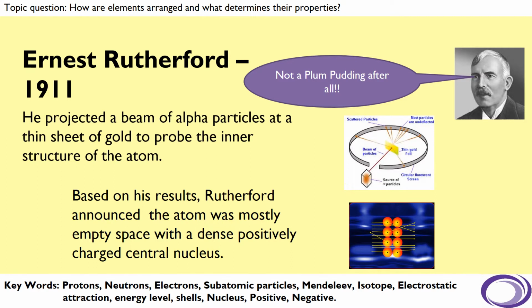He found also that the rest of the atom was essentially empty space surrounded by the electrons. So the electrons were orbiting this dense positive nucleus. And he found this through experimentation.